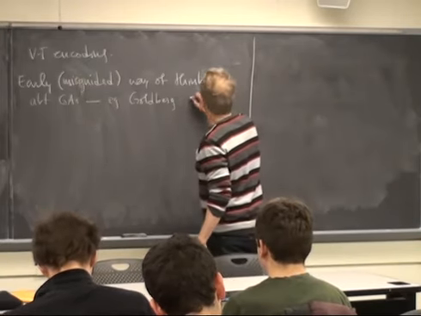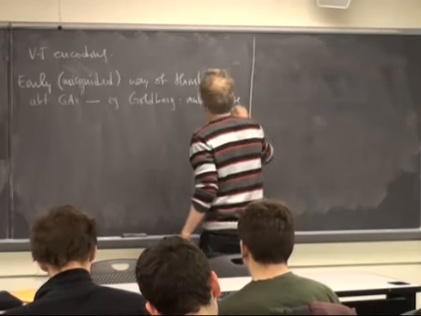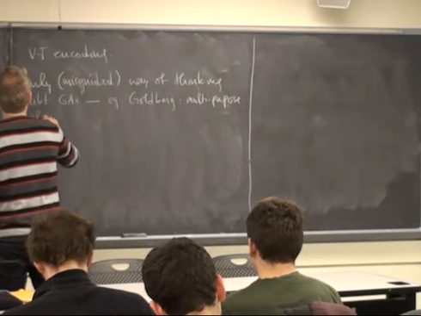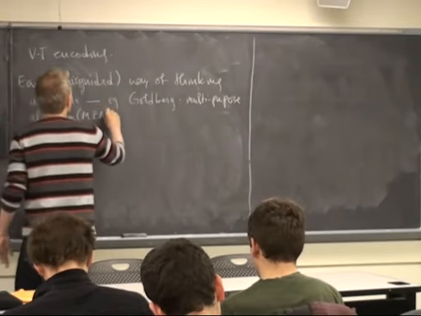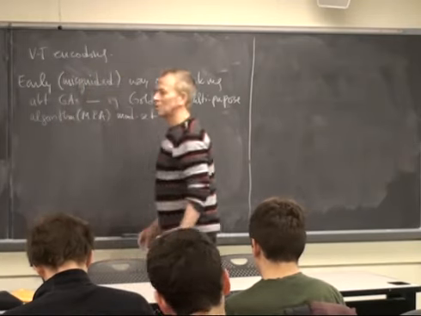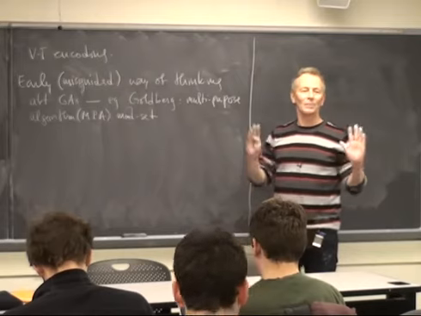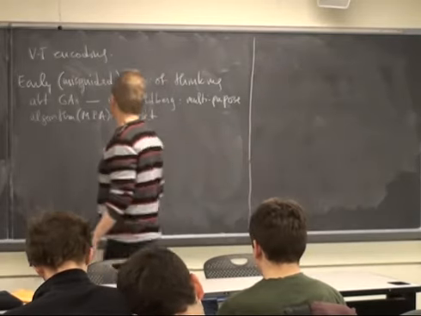And I call this the multipurpose algorithm mindset. Let's call it the MPA mindset. Okay, so what is this? I admit it's a rather cartoonish view, but I think it's fairly accurate.